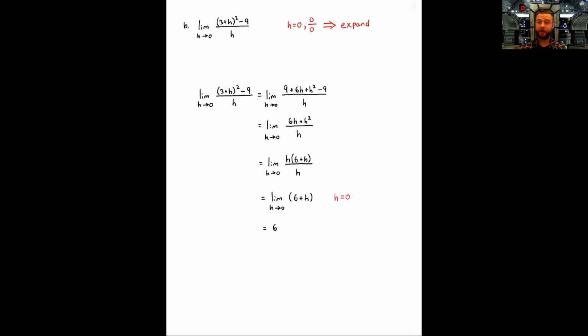Now, I threw this example in to get you comfortable with problems like this when there's h involved, because very shortly we'll be using limits to give a definition of a derivative, whatever that is.